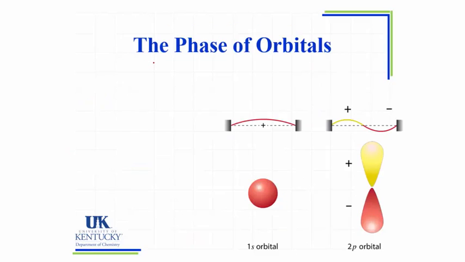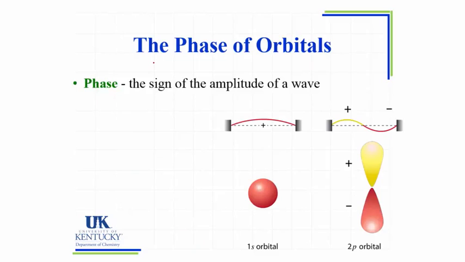Now I want to briefly mention phases of orbitals. The phase would be the sign of the amplitude of the wave. If you were to have a 2-dimensional wave, that wave could be above the plane like we see here, and that would have a plus sign. If you had a node in that, where it's 0, you could have above and below the plane, and so we'd have a plus and a minus.